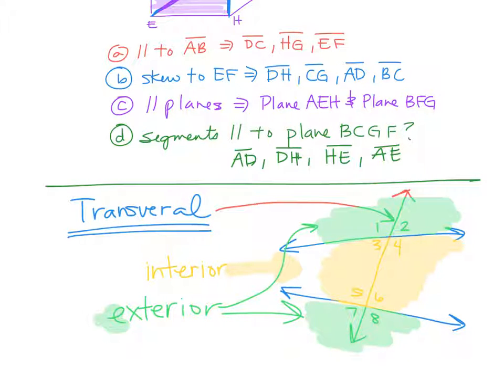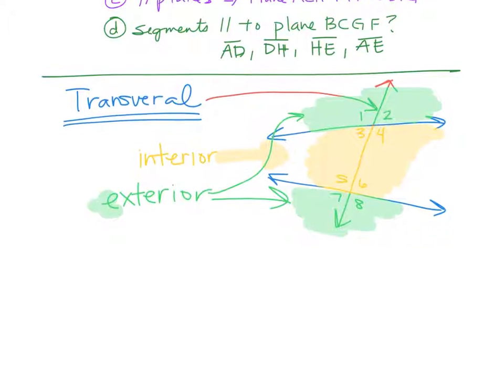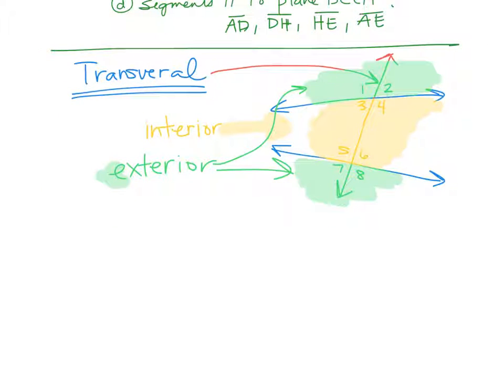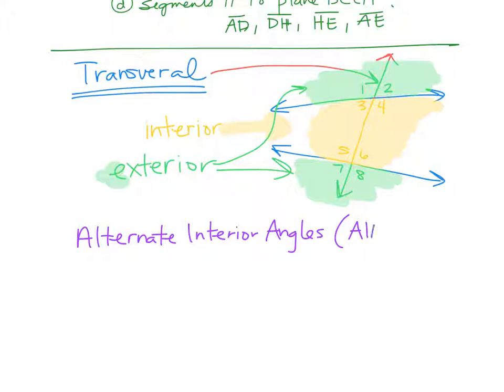Okay. So with that, there are different names that go along with these. Your first one is alternate interior angles. Oftentimes if you hear me say AIA, those are alternate interior angles, okay?